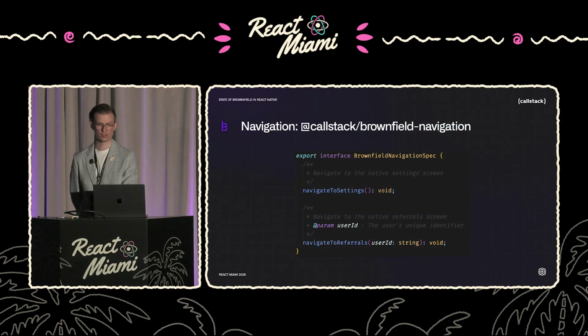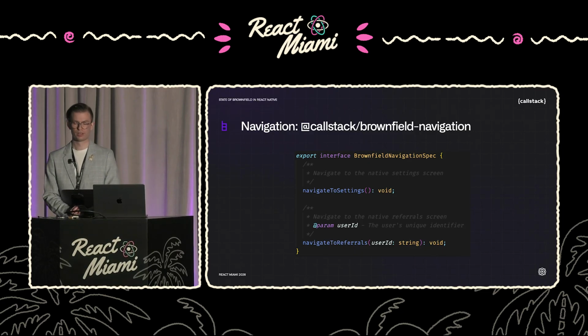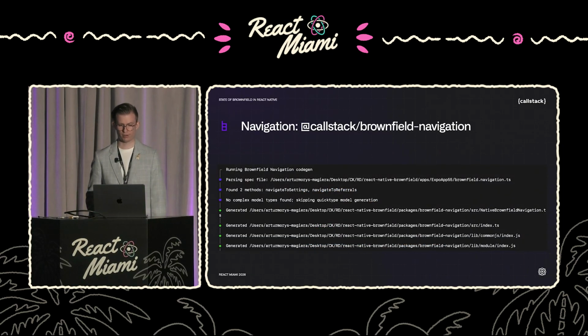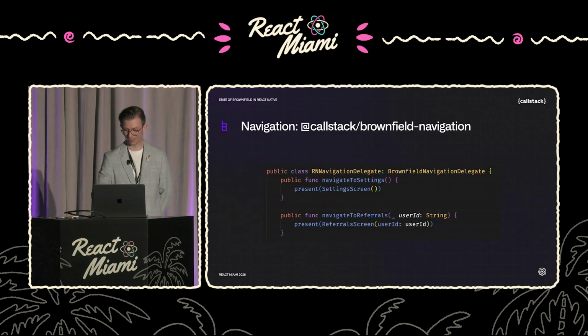The other package is navigation. So it's also very similar, conceptually, to the Brownie library. You first define an interface in TypeScript that allows you to declare the native functions you would like to then invoke from React Native. Then run the code gen again. We know this step very well.